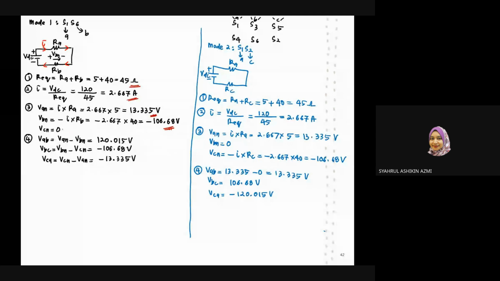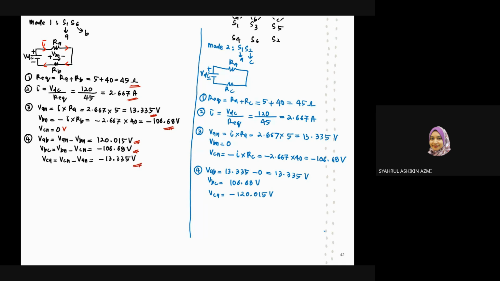So always double check. Don't simply believe that whatever value has been given here is correct. It might be wrong. I might write wrongly. So always double confirm the values.